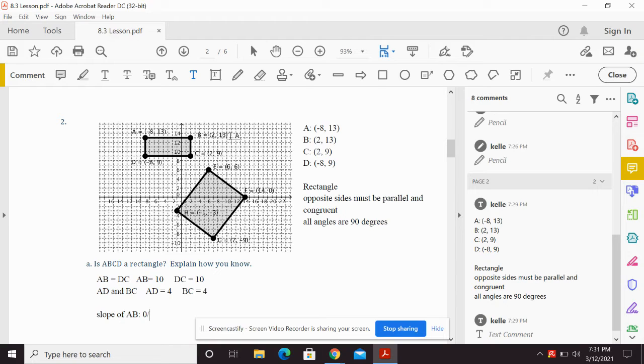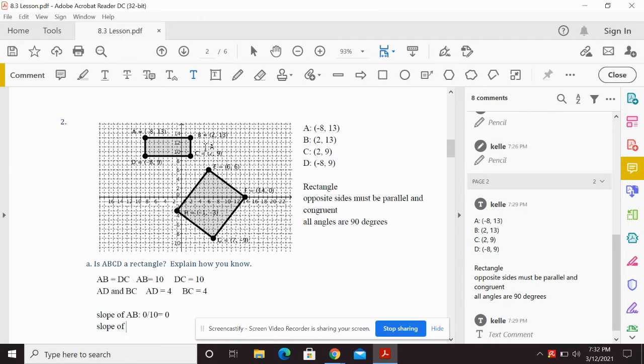But if it makes you feel better, you can figure out the change in x, which we already figured out. It's going to be 10. I'm going from -8 to 2, and that is 10. Okay, but it doesn't matter. 0 divided by 10 is still just 0.